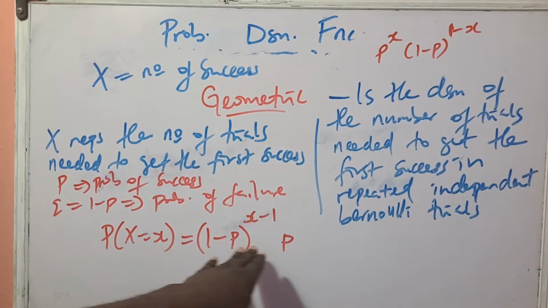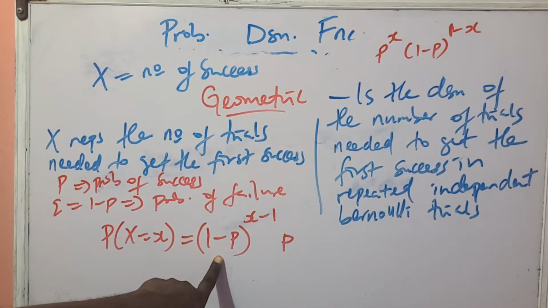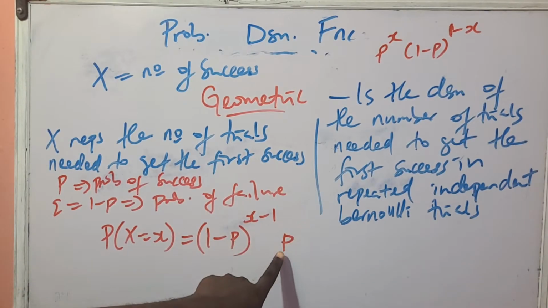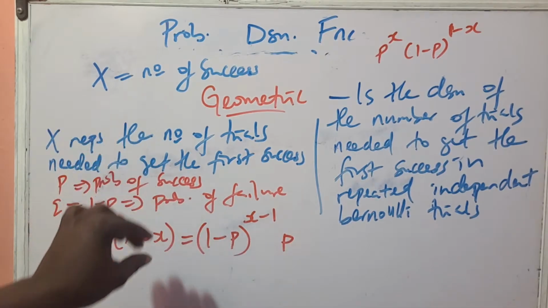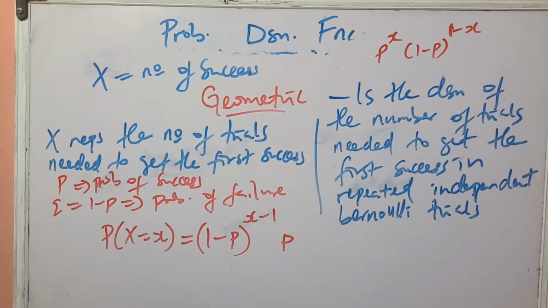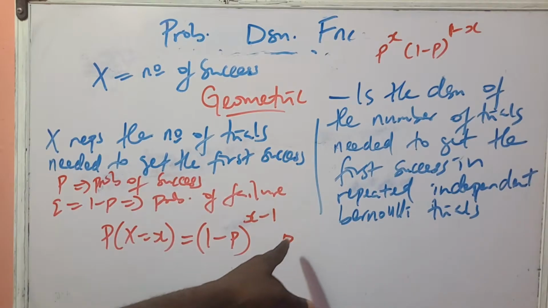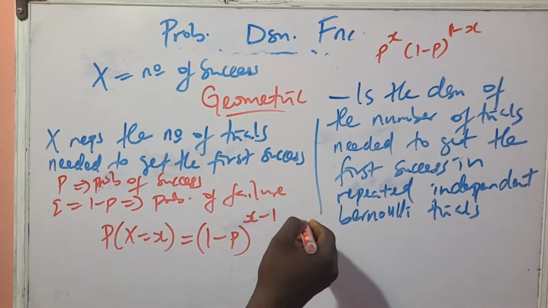Now look at this PMF. I told you it's more like saying probability of failure over number of failure, probability of success over number of success. Now you see why we only have P raised to power 1 here, because your number of success in a geometric will not exceed 1. I told you geometric terminates once you get your first success, so you cannot have 2 successes. That's why your number of success here, which I don't need to write, is raised to power 1.